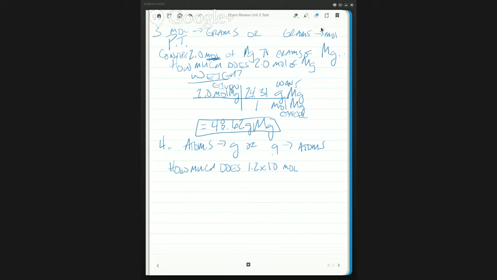I'm sorry, guys, that's really just bugging me. All right. And so moles are not mentioned anywhere in the problem. So we know it's going to be a 3-step.